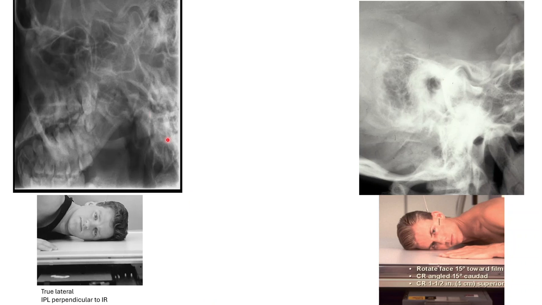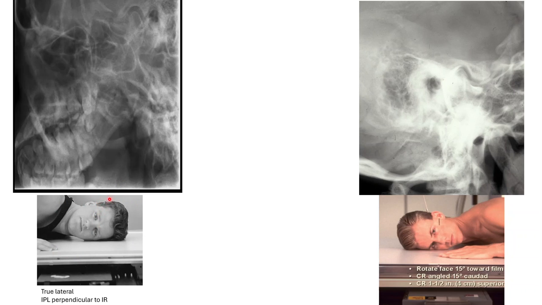So the first picture we have here is of a patient in a Schuller TMJ position. The Schuller TMJ position requires that the patient be in a true lateral position with their IPL perpendicular to the IR. The angulation on the tube will be 25 to 30 degrees caudal.